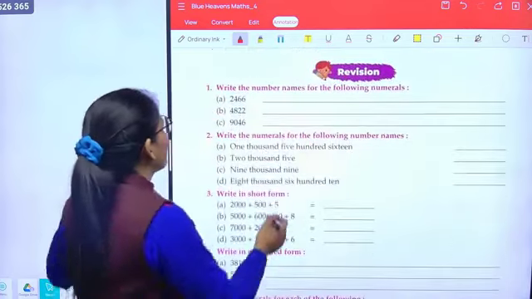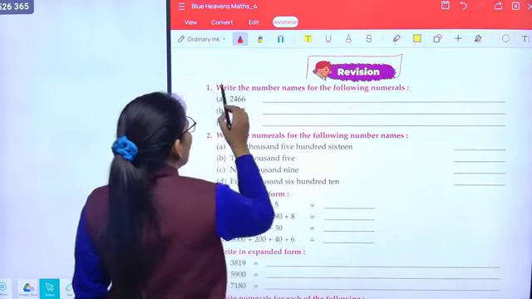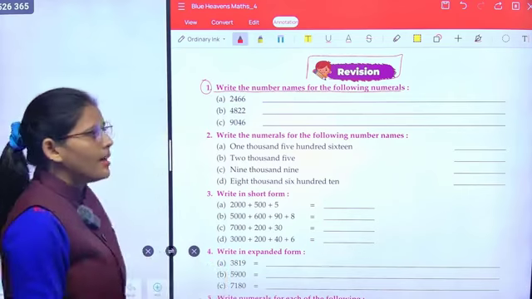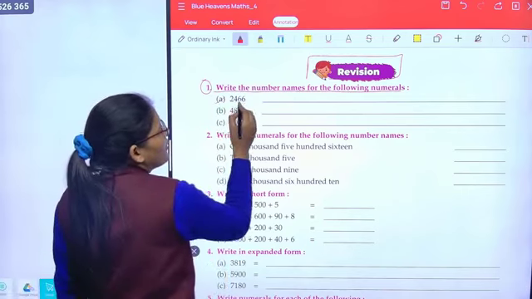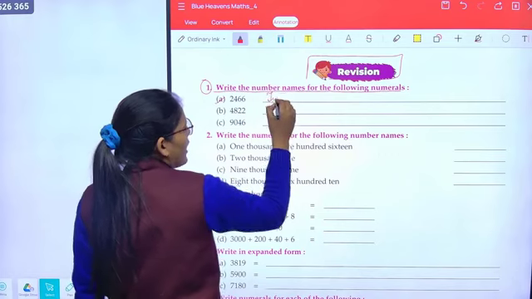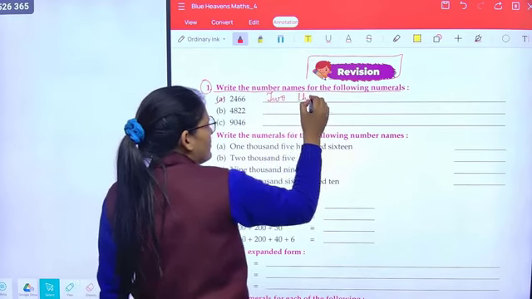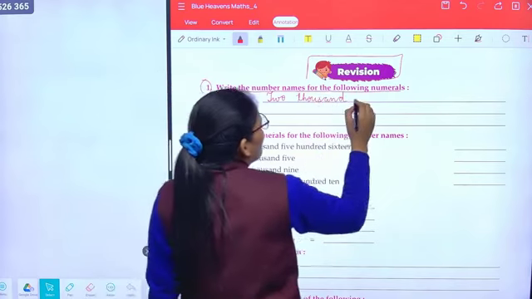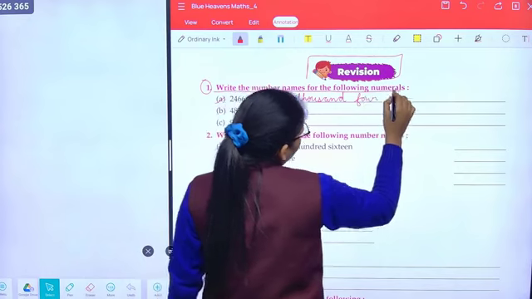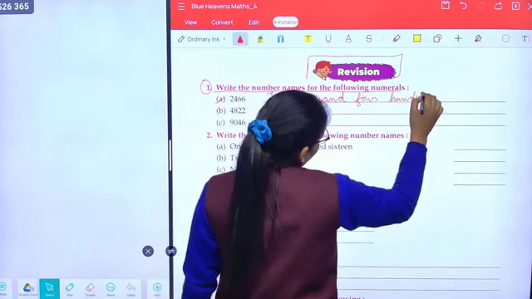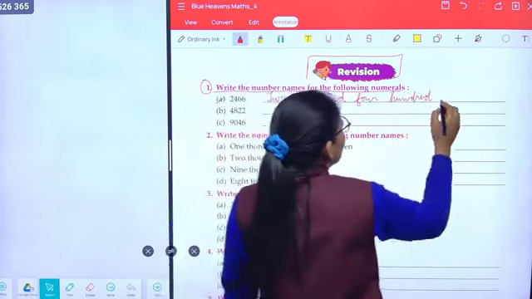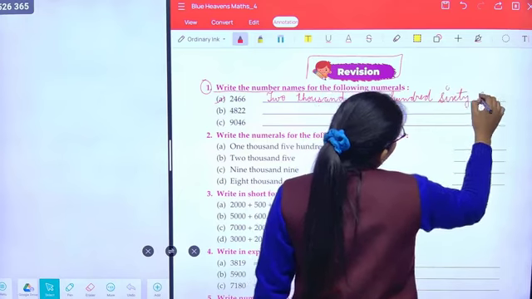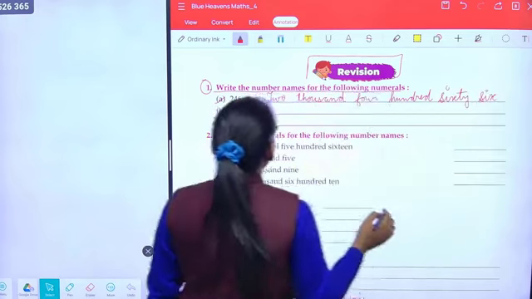Now, class, revision. Question number 1, write the number names for the following numerals. It is 2466: 2000, 400, and spelling of 100, write carefully. All spellings you have to write carefully. 66. Understand, class?